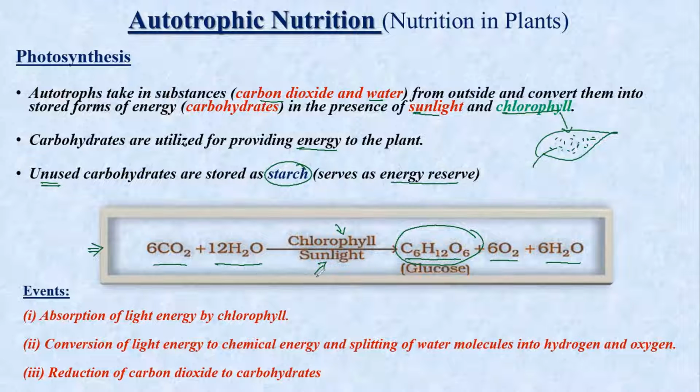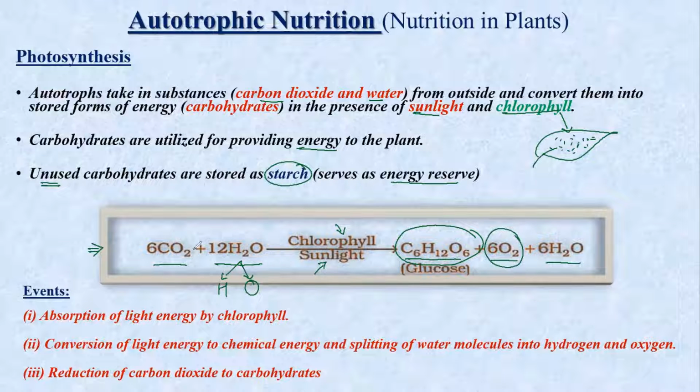This entire reaction of photosynthesis occurs in 3 different steps. The first step involves the absorption of sunlight by the chlorophyll pigment. The second step involves the splitting of water molecules into hydrogen and oxygen. So if the question comes from where the oxygen comes in the reaction of photosynthesis, your answer is the splitting of H2O.